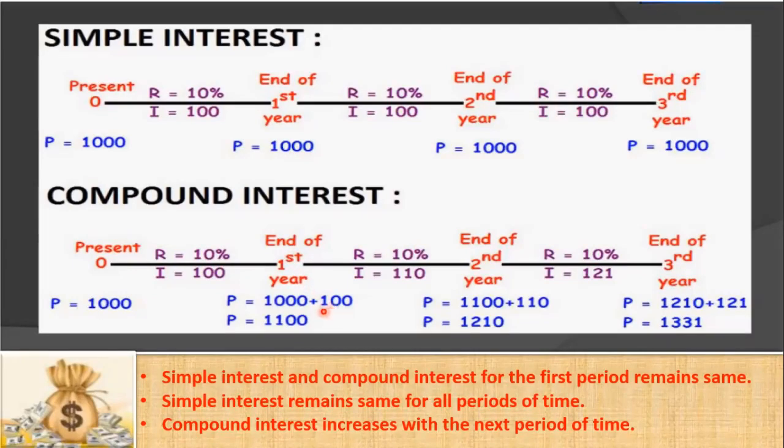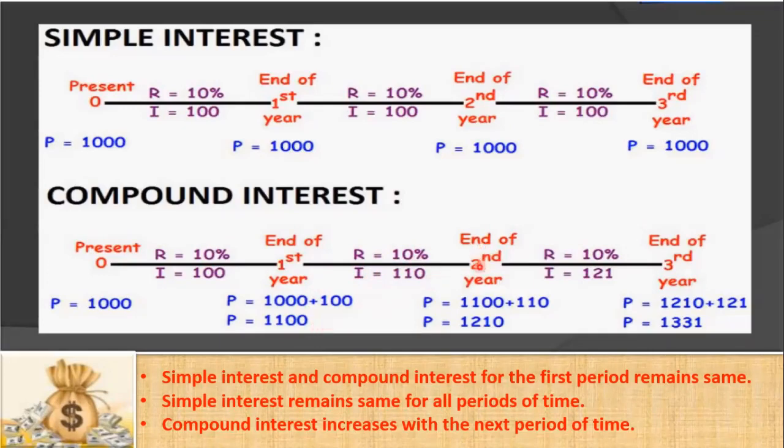So amount will be 1000 plus 100, that is principal plus interest, that is 1100. So at the end of first year, the amount 1100 will become principal for the second year. So now the rate is 10%, interest is 110, 10% of 1100.